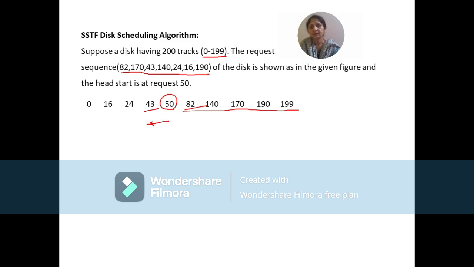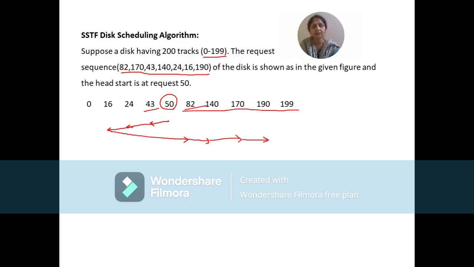From 43, the head will move to 24. From 24, the head will move to 16. From 16, the head will move to 82. From 82 to 140. From 140 to 170. From 170 to 190. So this is the head movement for our SSTF disk scheduling algorithm.